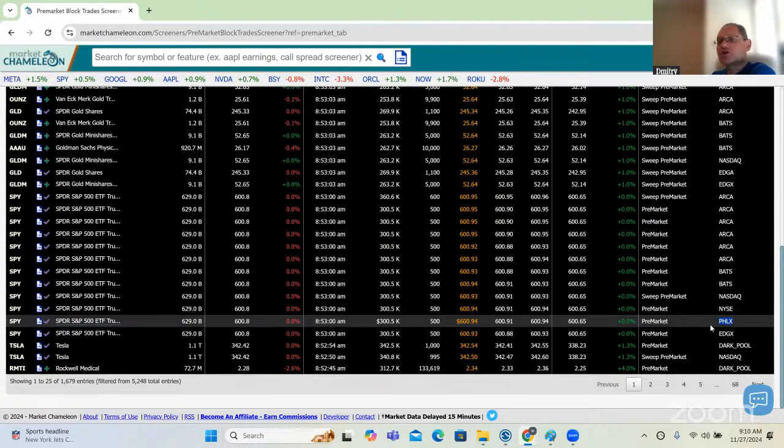So you could see it could trade on a lit exchange, which includes the major stock exchanges, New York, NASDAQ, ARCA, BATS, Amex, all those, or it trades off exchange in a broker dealer's engine that runs the dark pool. If it trades in that dark pool, that broker dealer has to report the trade, right?